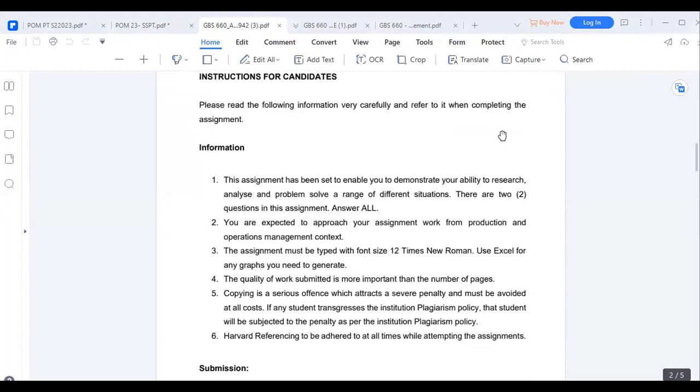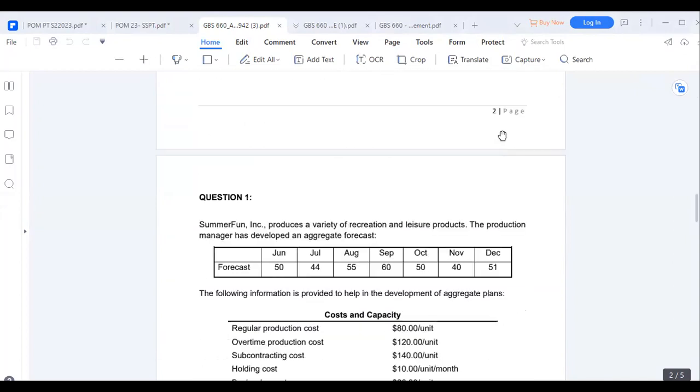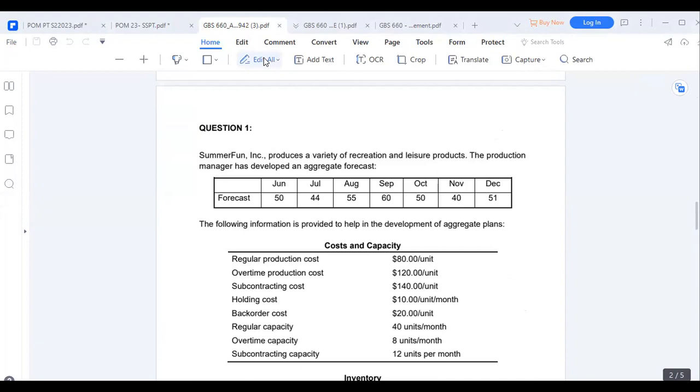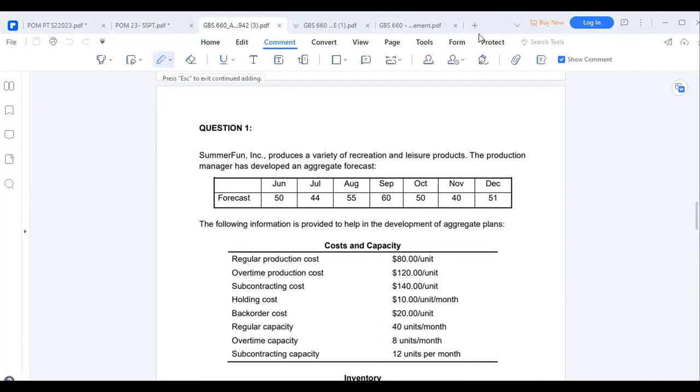Okay, so getting down to question 1 of this assignment. Question 1 of this assignment is talking about the summer. This company, the summer, produces a variety of recreation and leisure products.